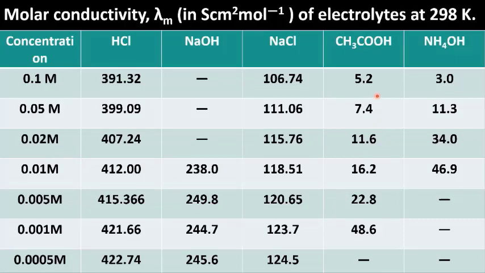So here the increase in molar conductivities is very high. At 0.02 M 34, at 0.01 M it is 46.9. So molar conductivity of strong electrolytes increases very less, and here it increases very high.